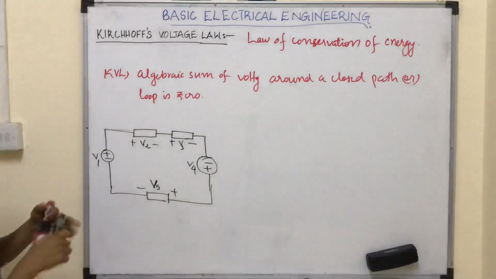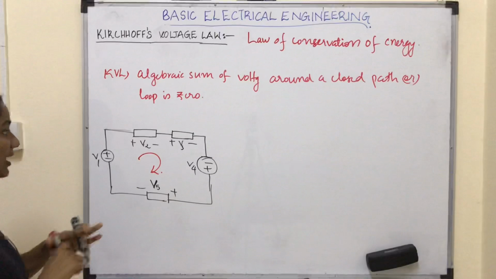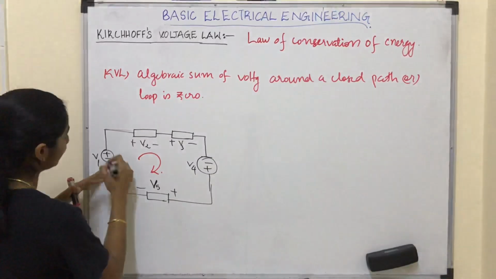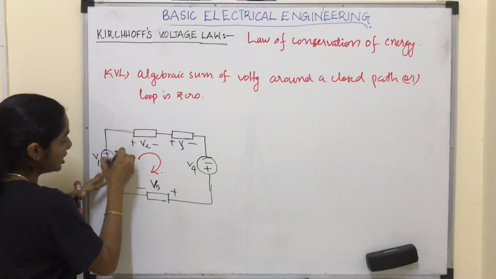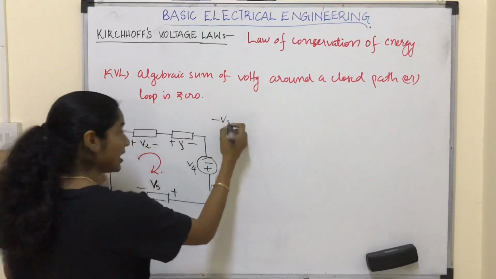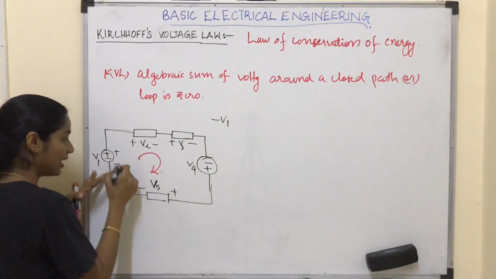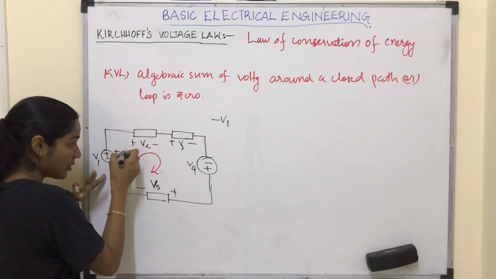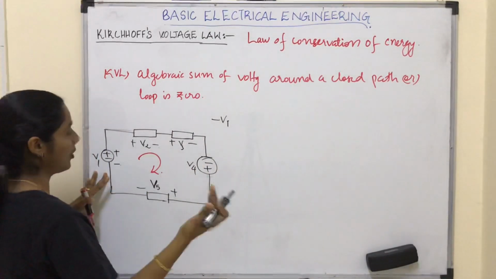Here if we apply KVL in this loop, current is entering through the negative terminal, so we can consider it as either positive or negative. If we are taking negative to positive as negative, positive to negative must be positive.